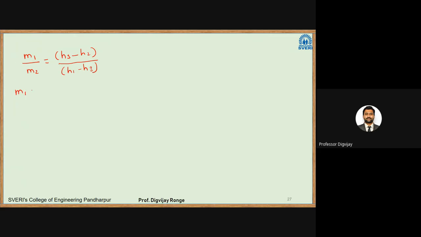Mass flow rate 1 will be equal to volume flow rate divided by specific volume 1, and mass flow rate 2 will be equal to volume flow rate divided by specific volume 2. I will obtain these from the psychrometric chart. The volumetric flow rate for point 1 is given as 300 meter cube per minute, divided by specific volume. Here it is given as 800. So be ready with your calculators.